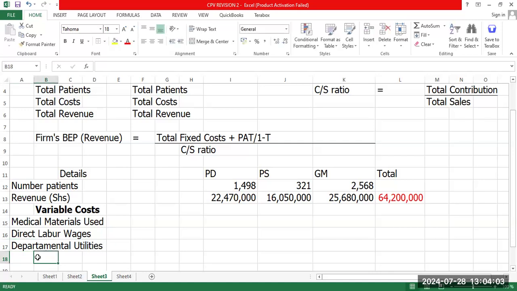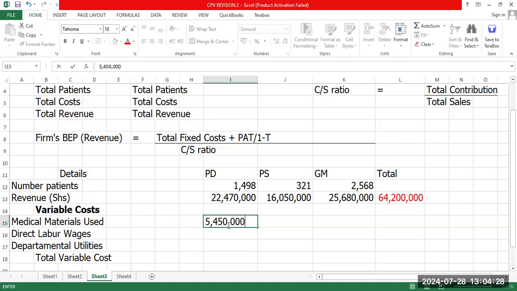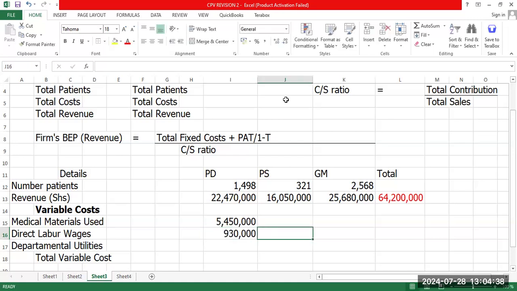Then from there, I can create a line for total variable costs. So the figures here, you can put these figures in brackets. Here you have 5,450. Then another one here you have 930. But these are the only costs without a thousand.